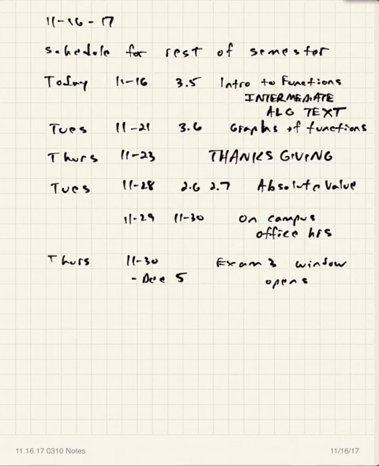And then the final exam is going to open just a week later, so 12/7, the final exam window opens. So the final exam is going to come right after exam 3 pretty much. And we're going to get started with that.